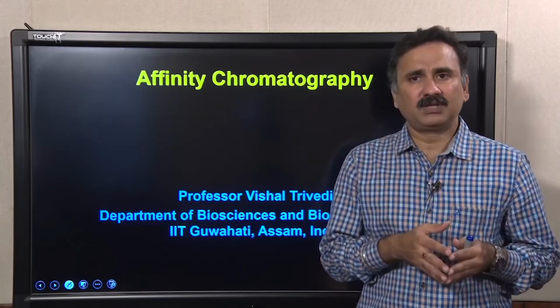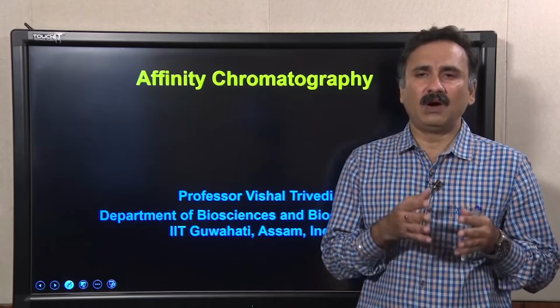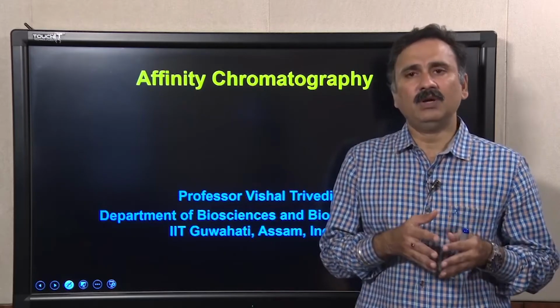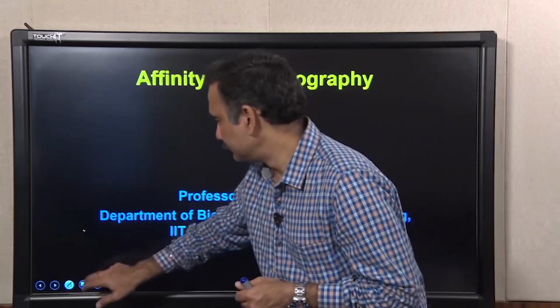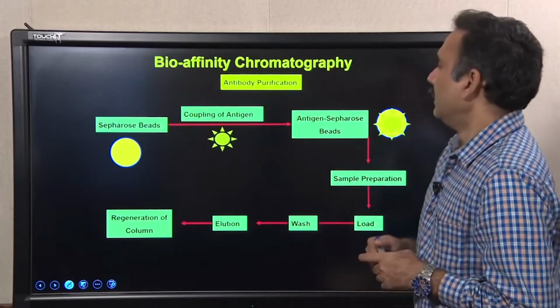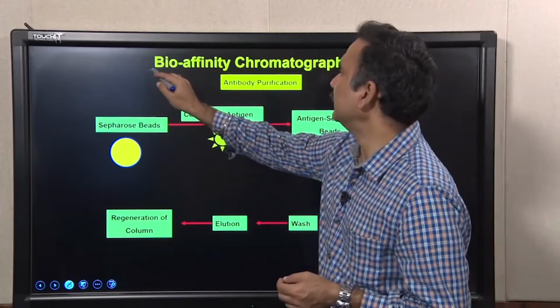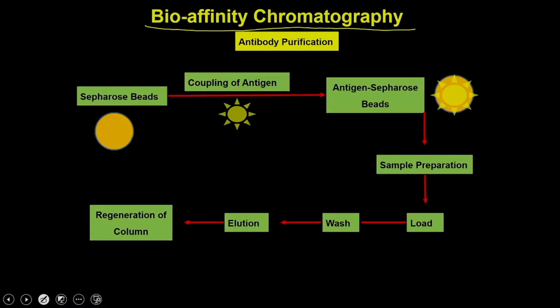Following our discussion about affinity chromatography, now we are going to discuss a few more aspects related to the technique. The first thing to discuss within bioaffinity chromatography is the primary requirement.